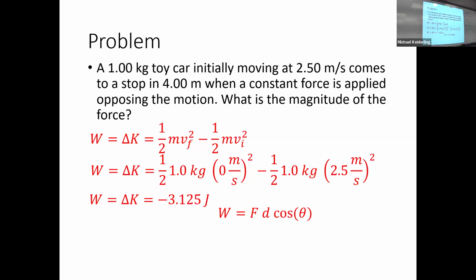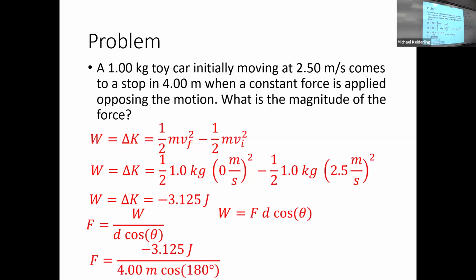Theta is going to be 180 degrees because it's opposing the motion. The force equals work over d cosine theta. So minus 3.125 joules over 4 meters times the cosine of 180 degrees gives you a force of 0.78125, or 0.781 rounded to 3 significant figures.